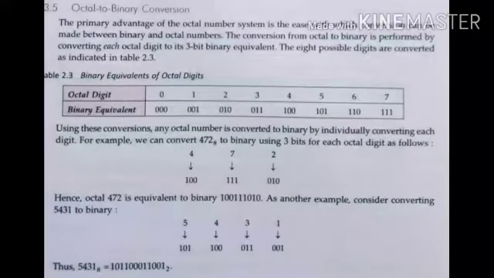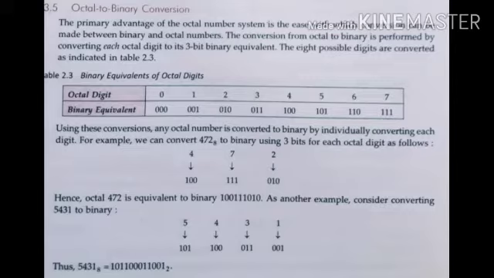Now we are going to change octal to binary or binary to octal. We can see one table given here where octal and binary equivalents are given. For example, 001 is octal 1, or if it is octal 4, then the binary equivalent will be 100. These can be used to convert octal to equivalent binary numbers.